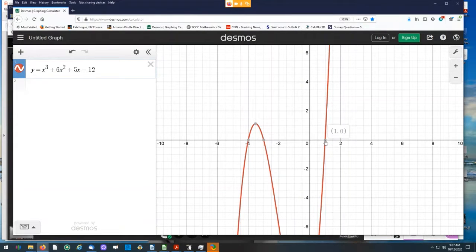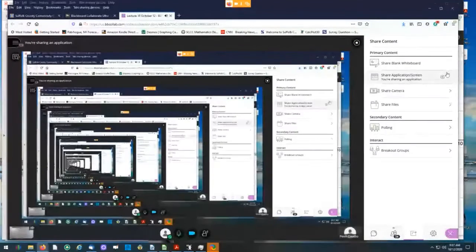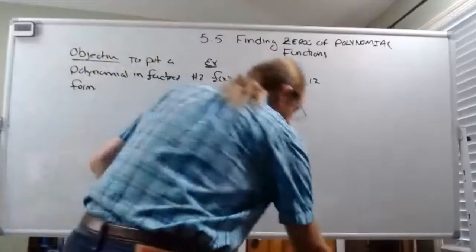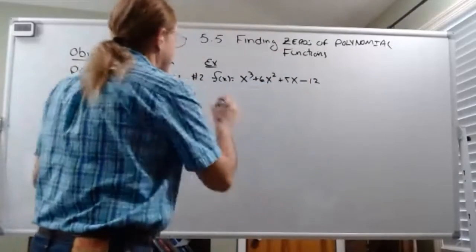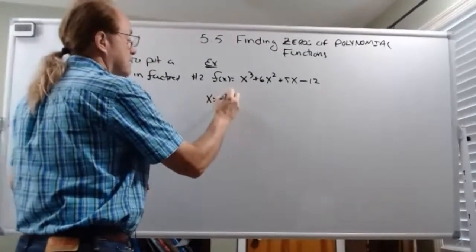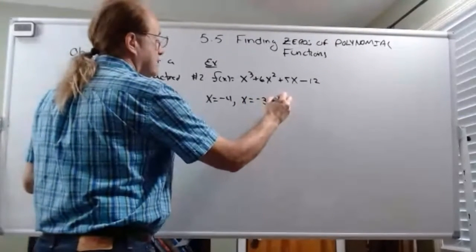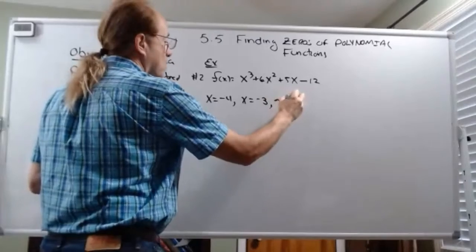Using Desmos, I can validate that the real zeros are -3, -4, and +1. So the real zeros are x equals -4, x equals -3, and x equals 1.